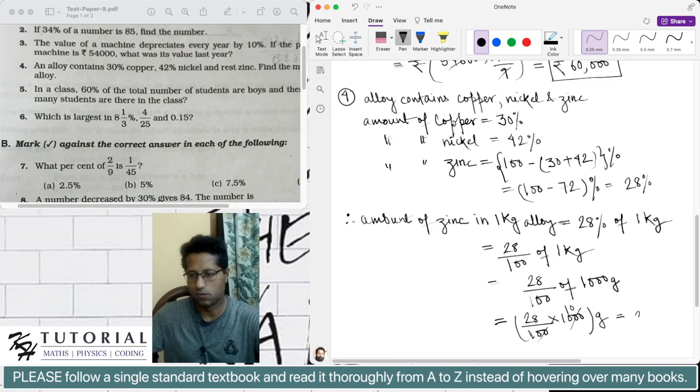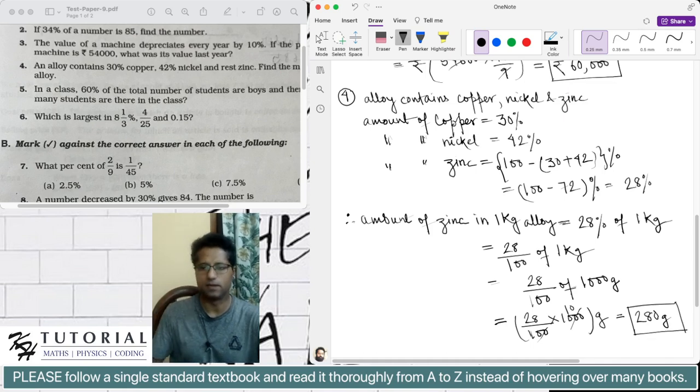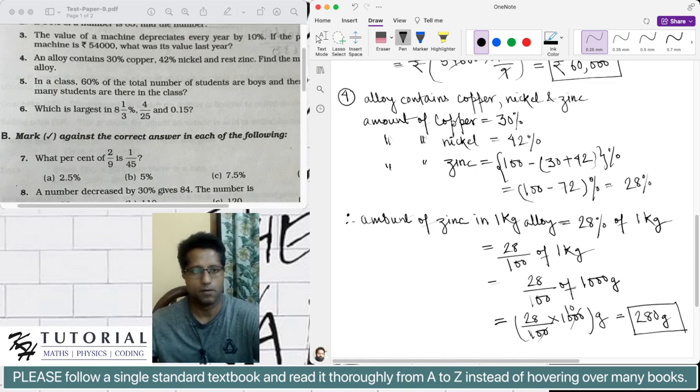So this is equal to 280 gram. So 1 kg of alloy will contain 280 gram of zinc. Okay, let's do problem number 5.